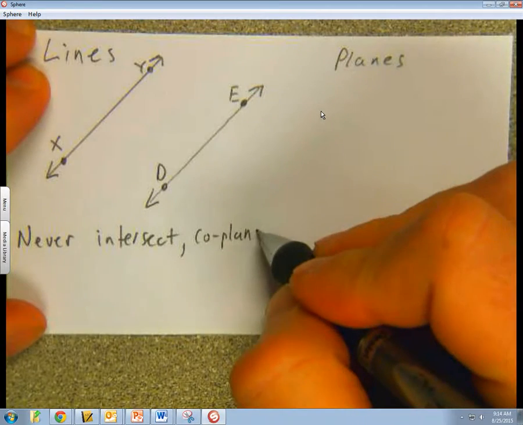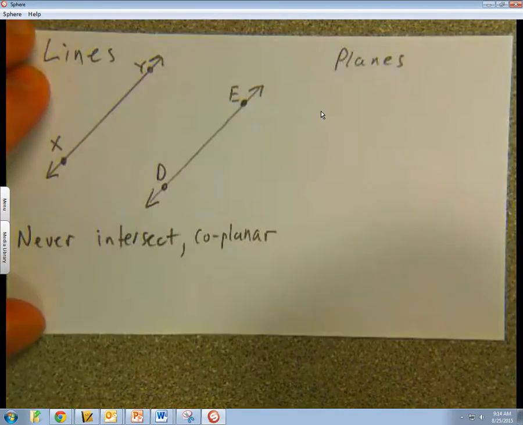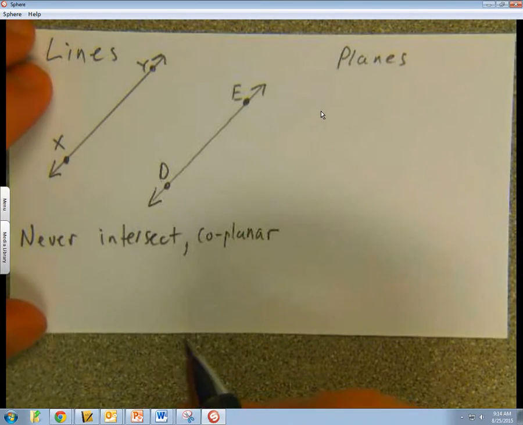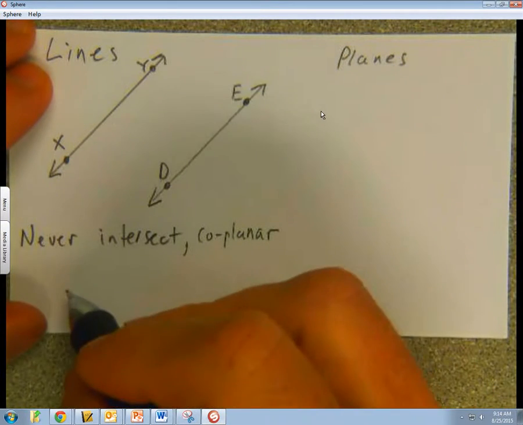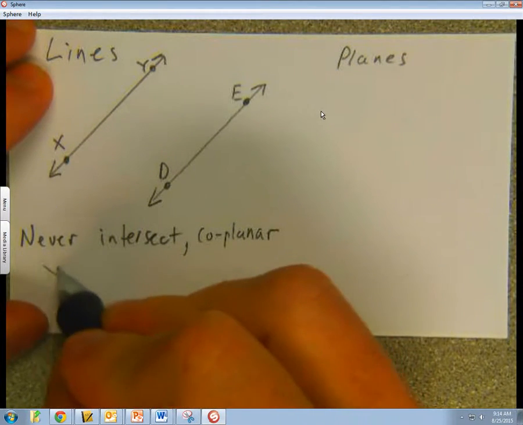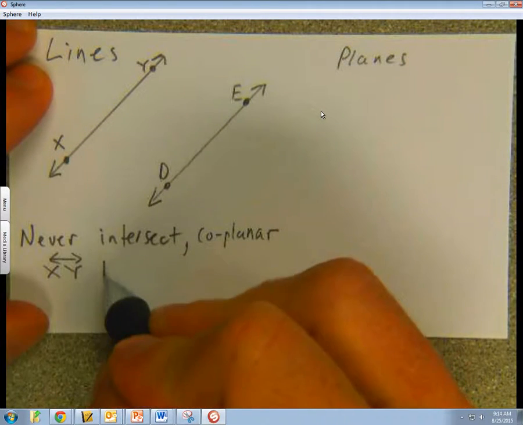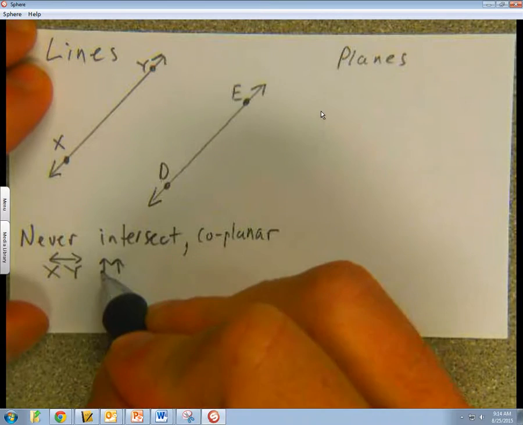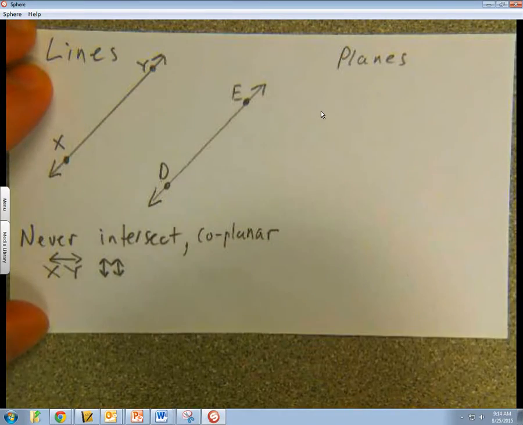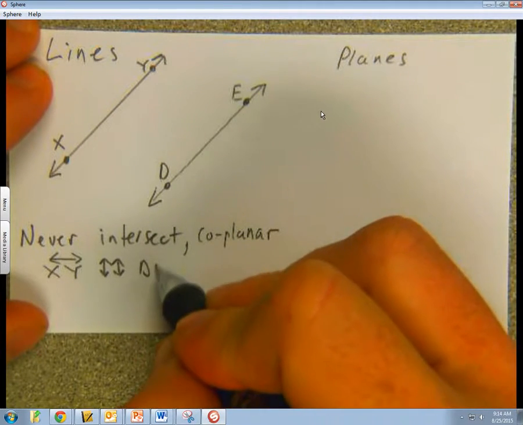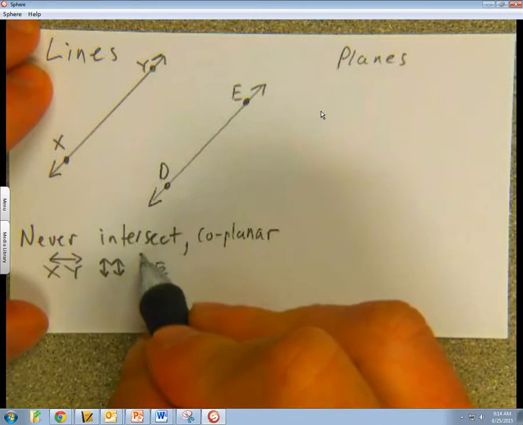C-O-P-L-A-N-A-R. So coplanar, never intersect. The way that we write this is XY is parallel, with a little double arrow there, to DE.